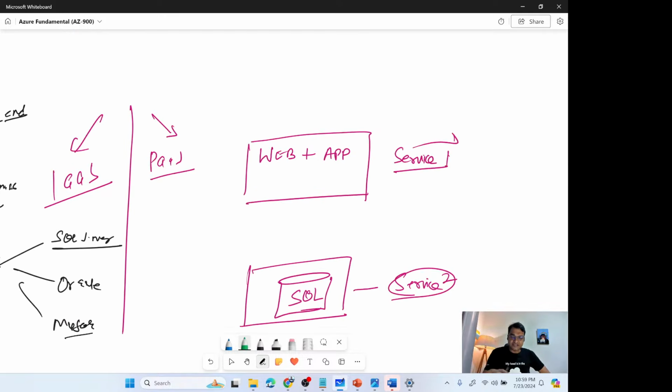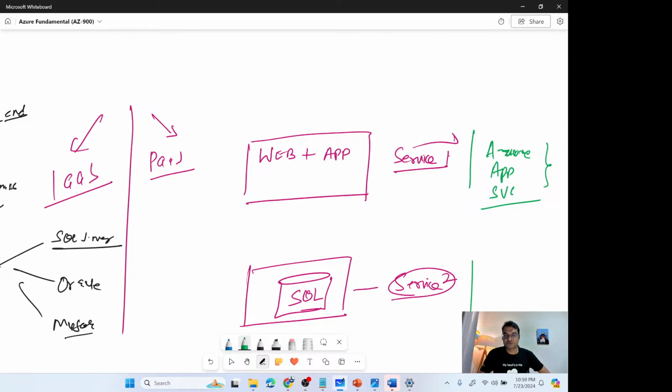On the other side, when it comes to PaaS services, I can name the service, but it wouldn't make any sense to you at this moment. Okay. So I can say there is Azure App Service. It's a PaaS service.